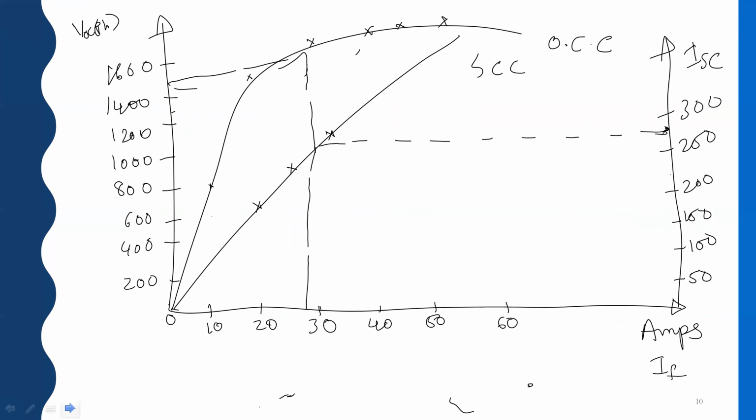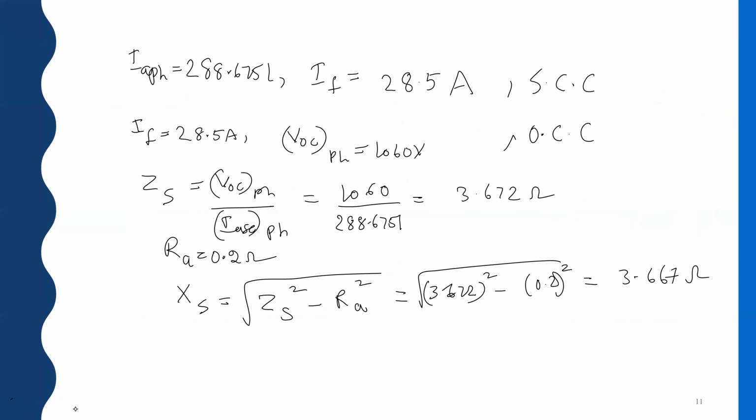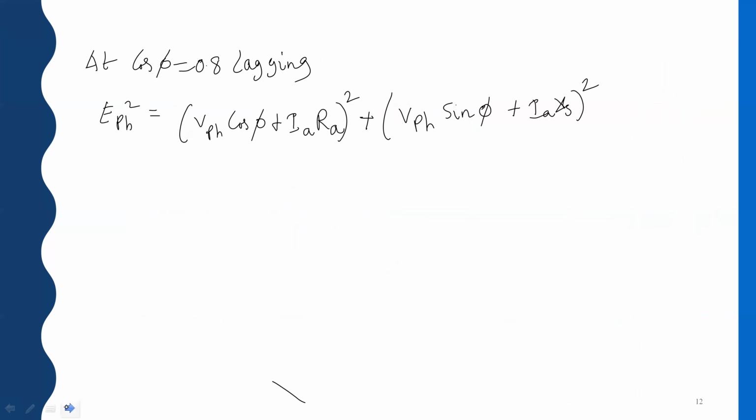So now I am going to take the same example with values and I'll be finding out my E phase at this value. So what is your V phase? Check your V phase before.